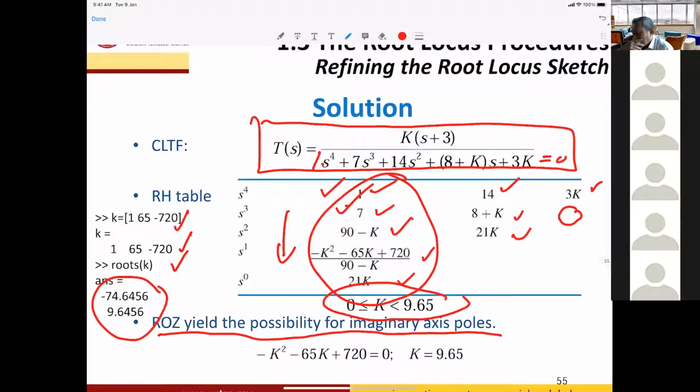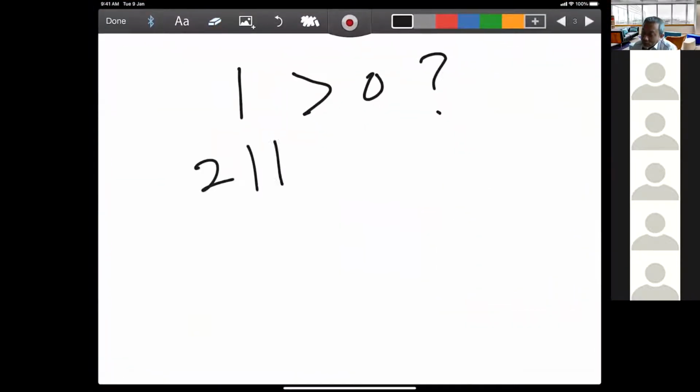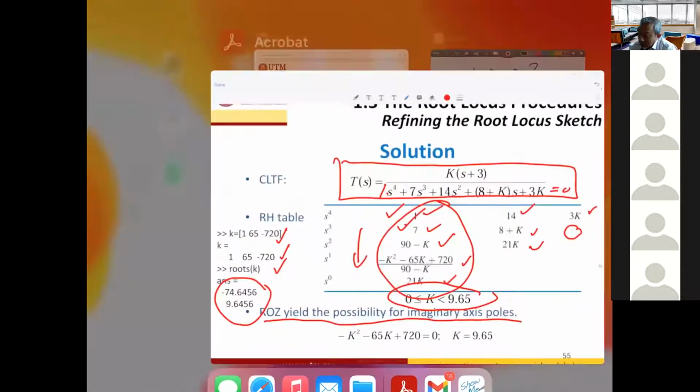Then why do we need to use the equation inside S1 but not S0, because S0 is the last one we find, right? Why don't we use 21K? This is my question. 21K, from the last row, isn't it?